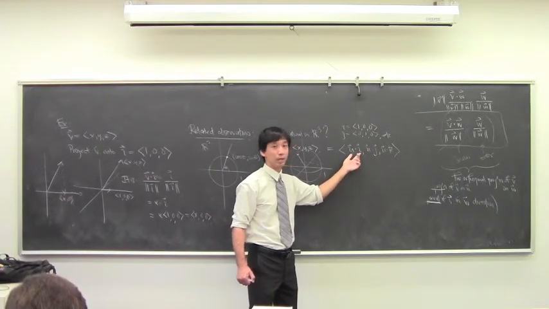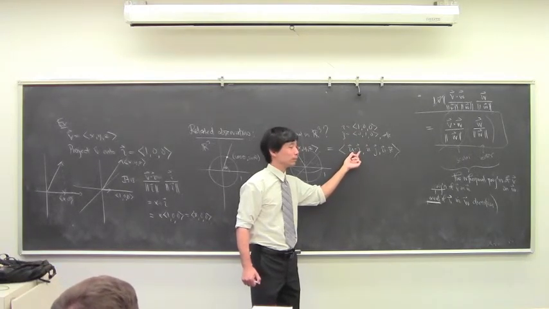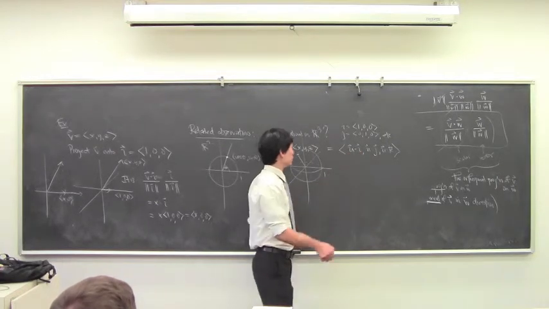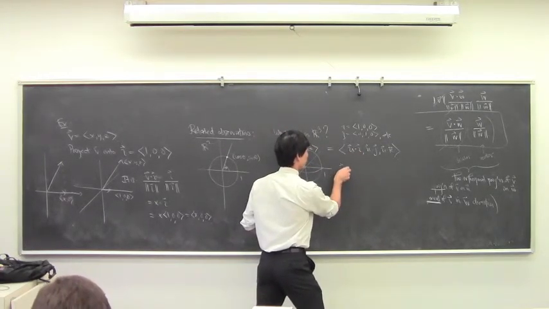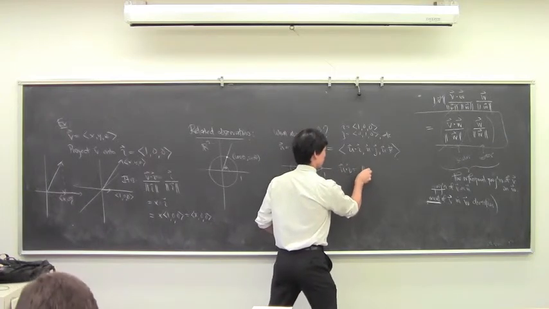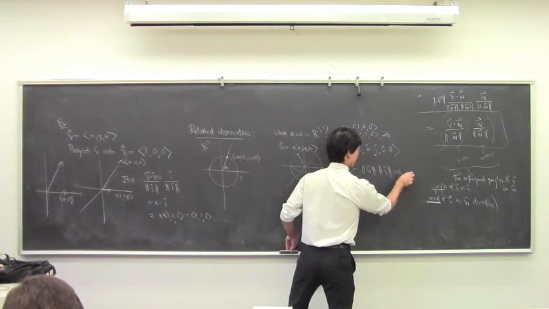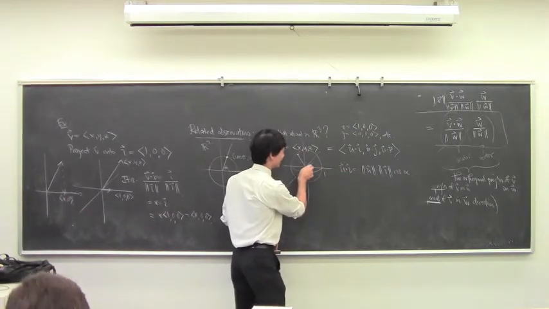So what's u dot i? Well, u dot i is the magnitude of u times the magnitude of i times the cosine of the angle between u and i.